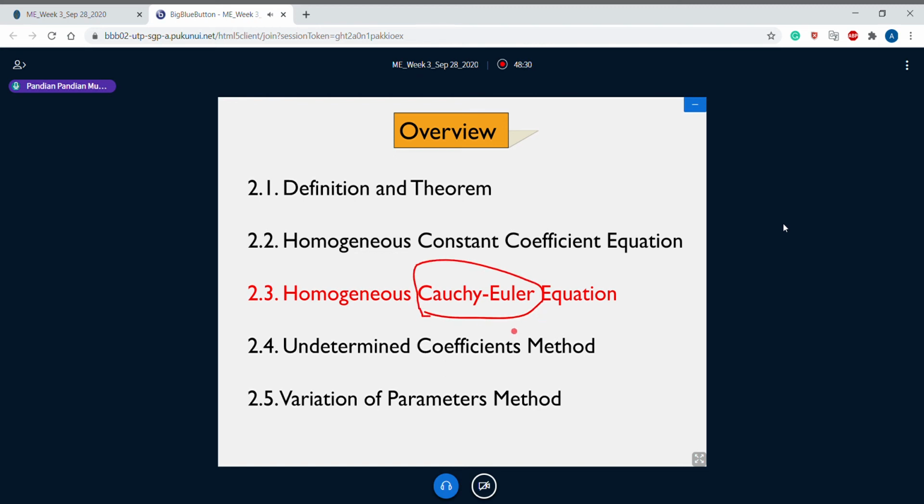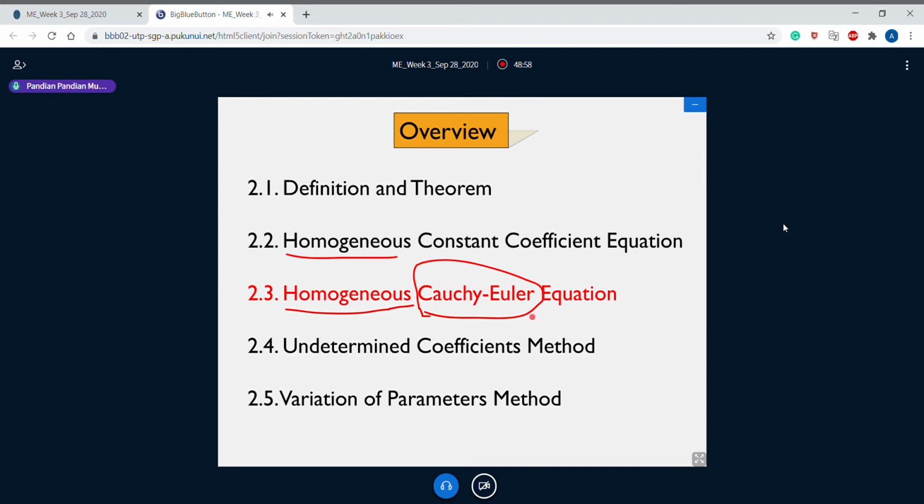Otherwise, it's very hard for you to differentiate it from other types of differential equation. We are still using the word homogeneous, same, but it is called Cauchy-Euler. So this is a very specific type of equation. We call it a very special type.